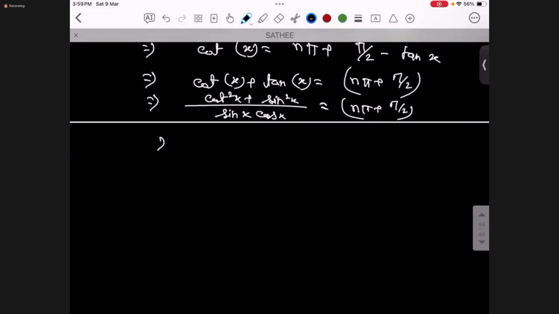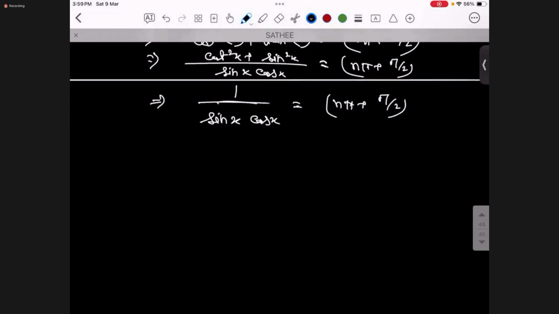Now, this will give us 1 divided by sin x cos x equals n pi plus pi by 2. If we divide both sides by 2, what we will get? This thing. So, we obtain 1 by sin 2x equals n pi by 2 plus pi by 4.